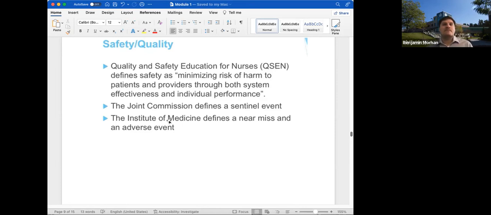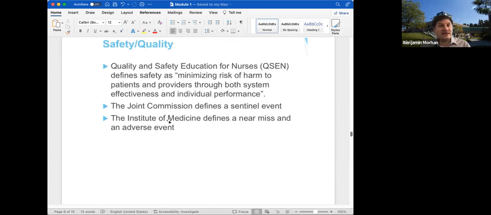So a sentinel event, what do you think that is? I'm just going to pause and let you think about it. Okay, so I hope you were thinking and you wrote down that it's an unexpected physical or psychosocial harm or even death.